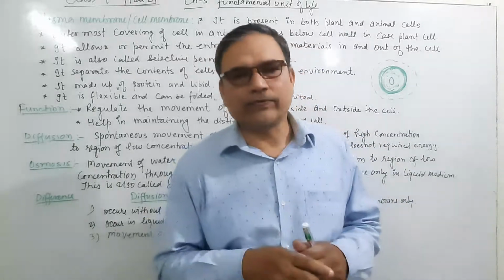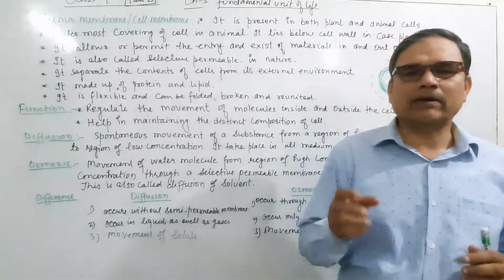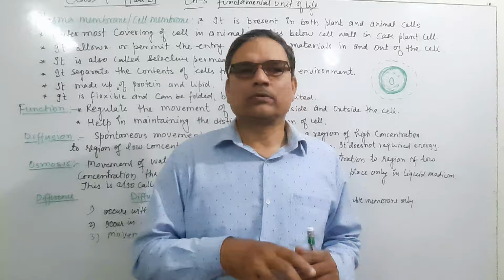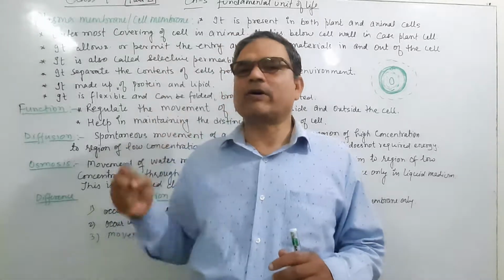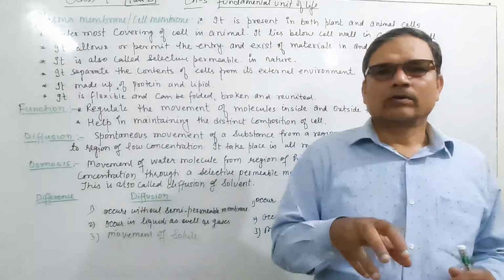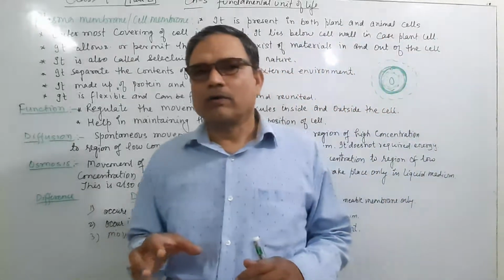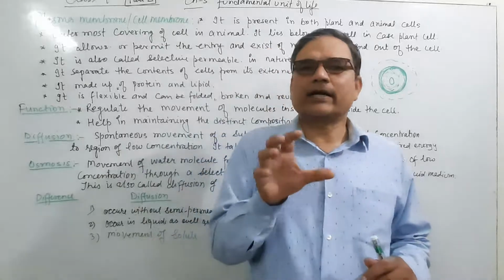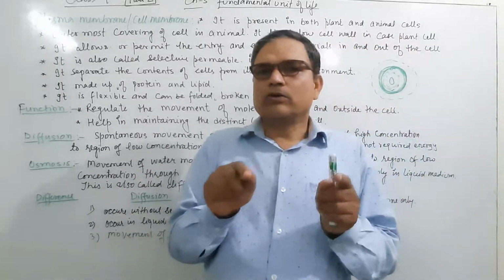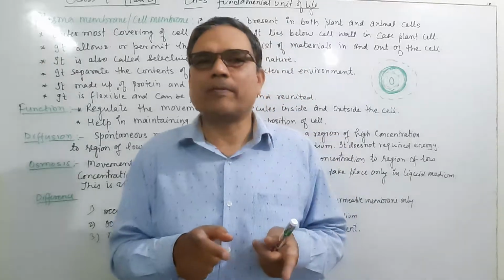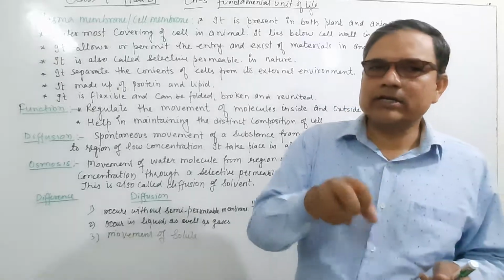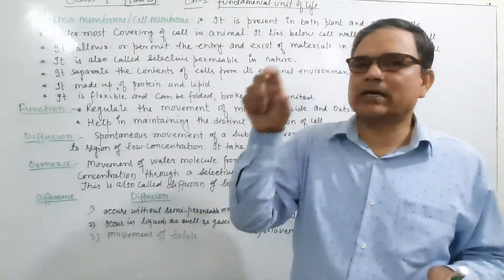Due to the flexibility of the plasma membrane or cell membrane, an organism like amoeba is able to engulf food from the external environment by taking the shape of pseudopodia.